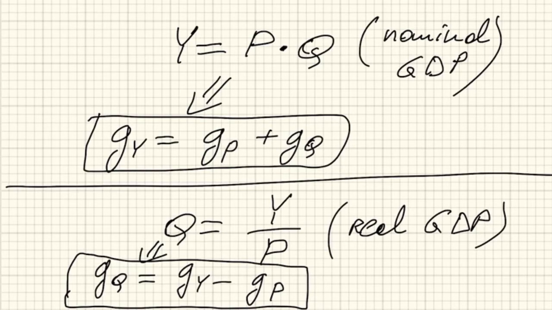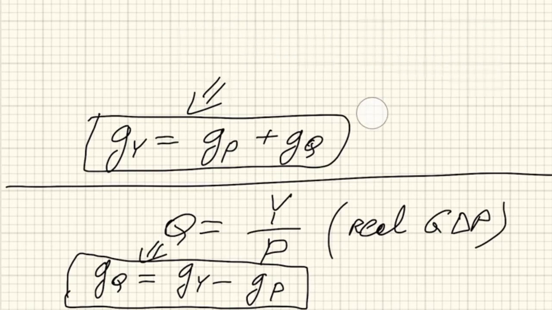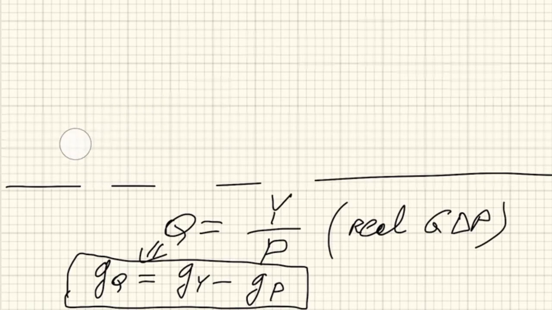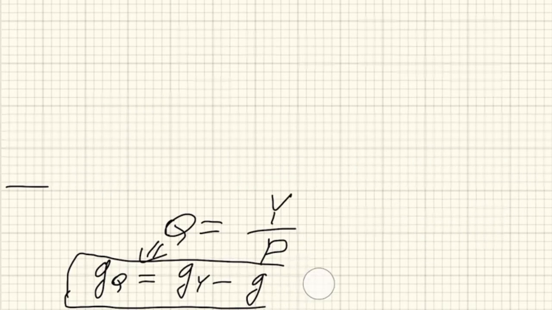All right, so now we can go back. We understand the difference between the nominal and the real GDP, and now we can go back and finish our presentation as it relates to the measurement of the price level.